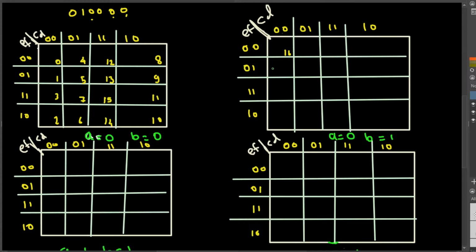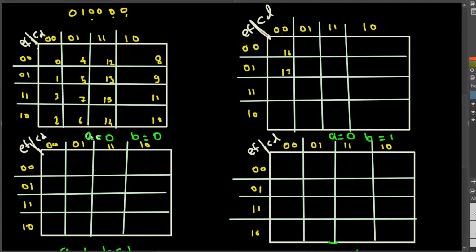But the better way is to look at the pattern, how it's increasing. If you follow this for everything, it's going to be the same. Here you can see 0, 1, 2, 3. We go 0, 1, and then 2, go to the bottom, 3. That's the pattern we have, so everywhere it's going to be the same.